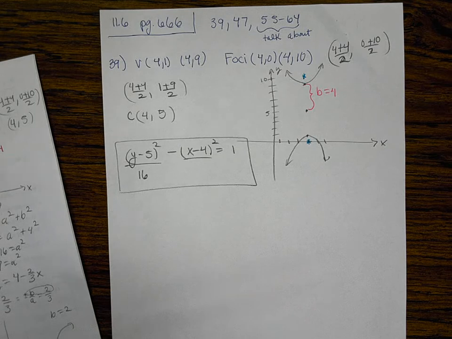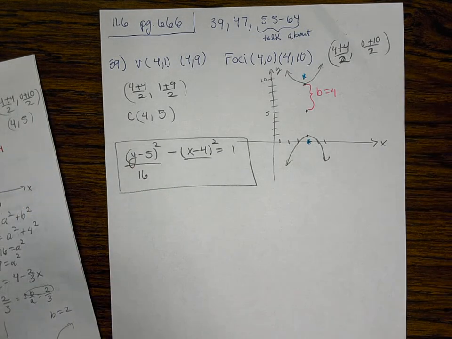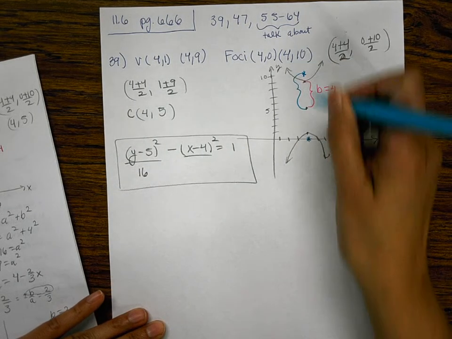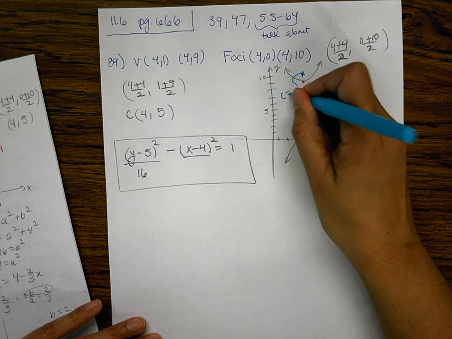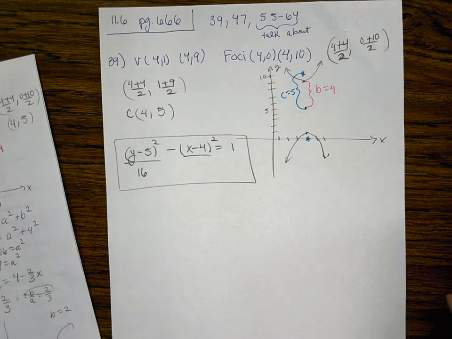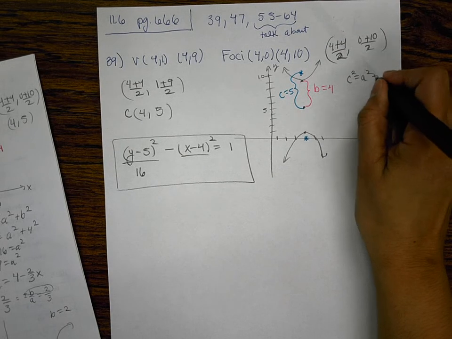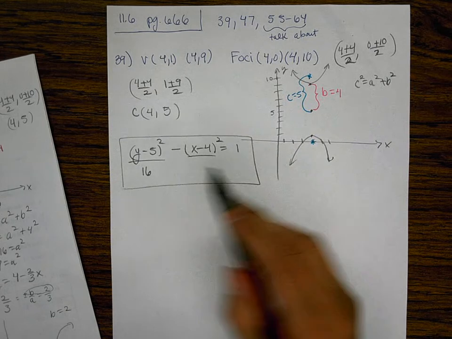Now, how far right and left? I don't know how far right and left, but I know that my c value, which is from the center to the star, and it doesn't matter if you count up or down to either star, the length there is 5. All right, so we're going to use c squared equals a squared plus b squared. And remember, it's always opposite of that sign there.